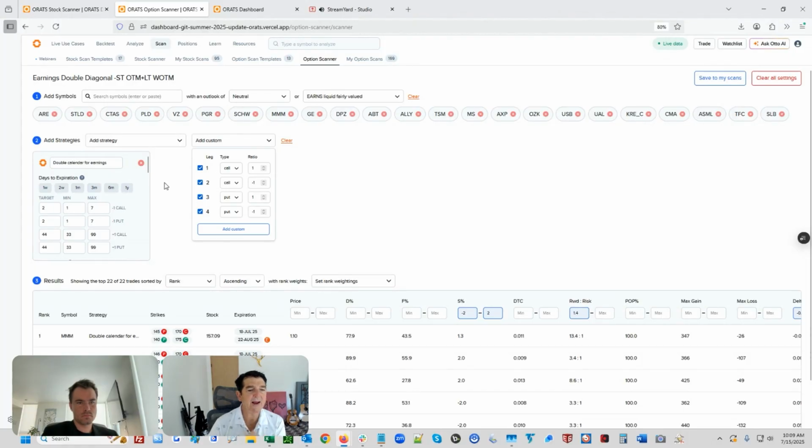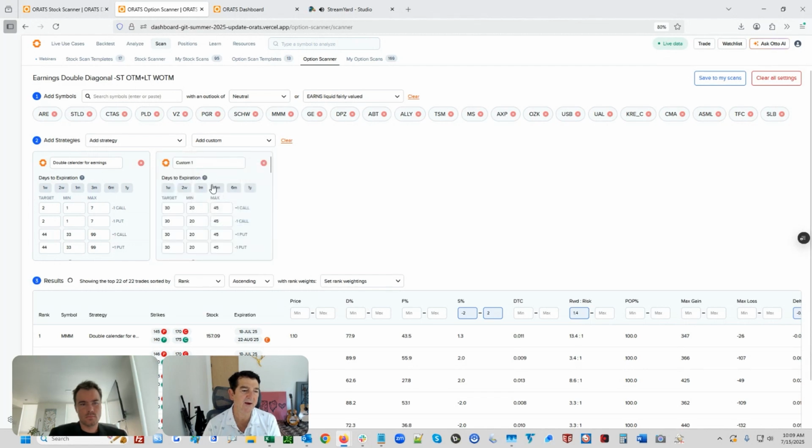If you want a double calendar, then you need to have adjacent legs next to each other, for example a call and a put. So I'll be buying a call, selling a call, buying a put, selling a put. Let's just add that, and we'll see how this is different. This is going to be a true calendar.